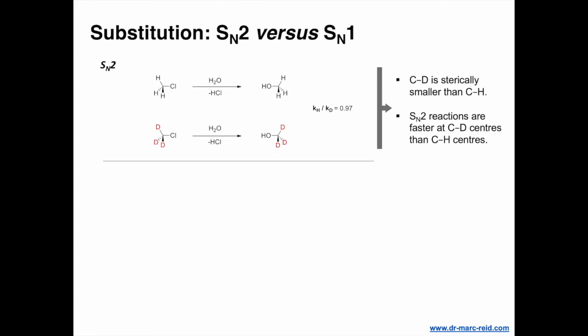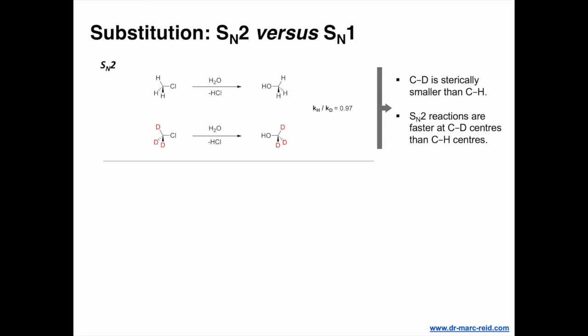Moving from elimination to substitution reactions, we saw previously that SN2 reactions can present an inverse, between 0 and 1, secondary kinetic isotope effect, wherein the deuterated methyl chloride reacts faster than the non-deuterated analogue.